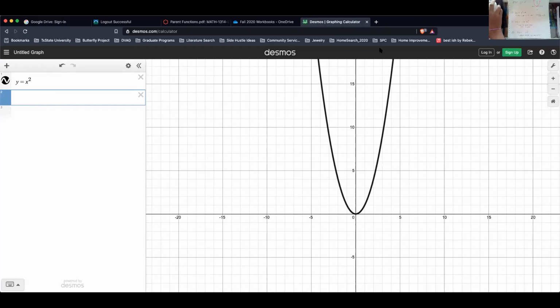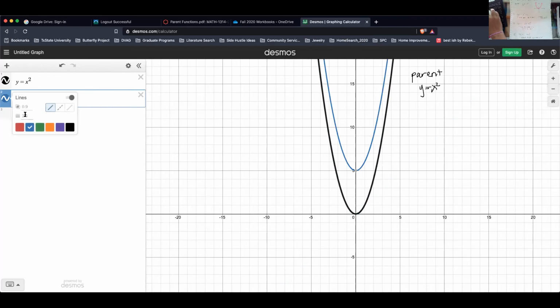Annotate. The parent is y equals x squared, which I didn't have to write again since I had typed it over there. But in any case, for our first example here, we said, okay, what happens if we take that function y equals x squared plus 5?